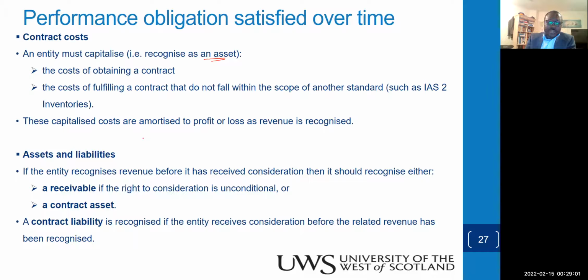Now we need to recognize an asset like we just mentioned above, and then we need to look at the liability. This is where we consider the contract as a contract liability. Assuming the entity recognizes revenue even before the seller receives consideration, revenue has been recognized, credited.